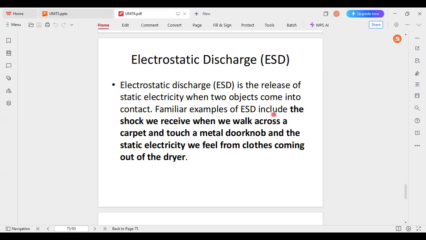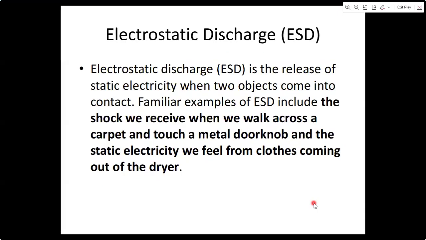Familiar examples of ESD include the shock we receive from the carpet when you are walking across it and touch a metal doorknob, and the static electricity we feel from clothes coming out of the dryer. These are the little shocks you can observe.